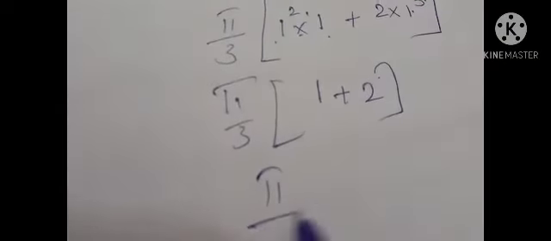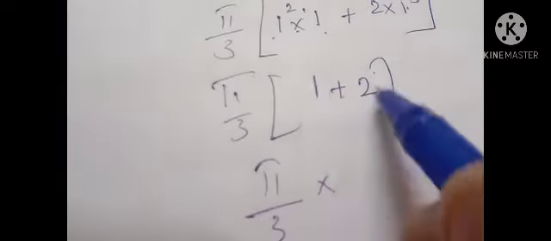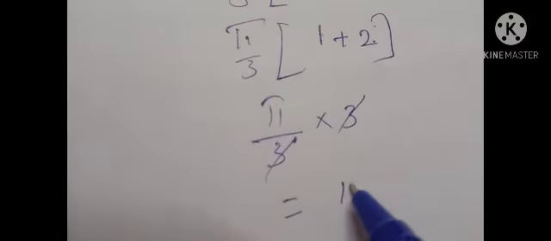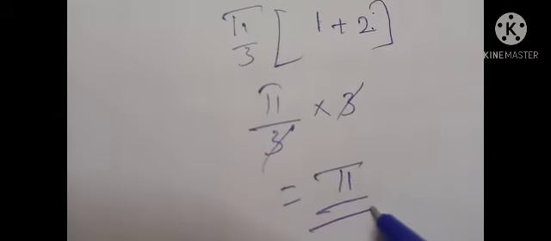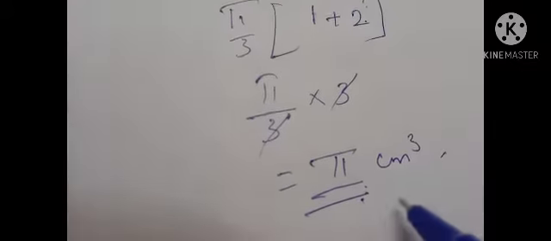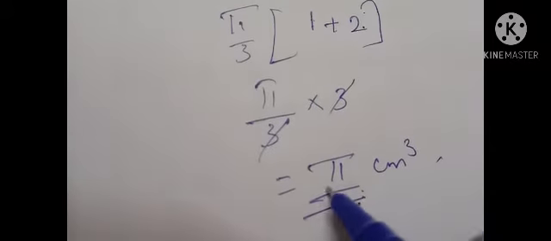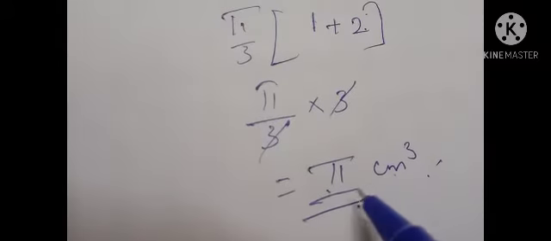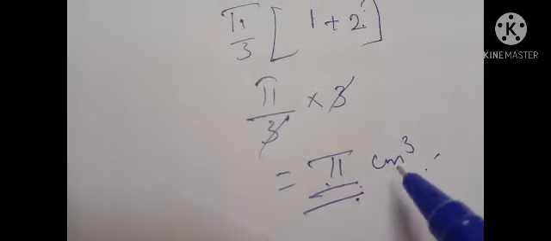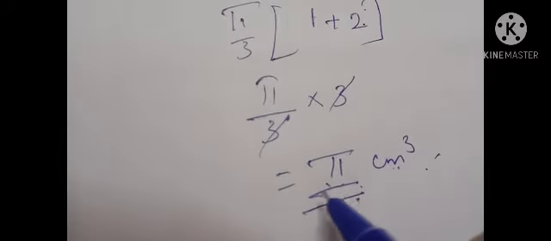So pi by 3 into 2 plus 1, which is 3. Then we can cancel these 3. Then what will be the answer? Pi. So the answer is pi centimeter cube. The volume of the solid is pi centimeter cube. Here in the question it is given to find the volume of the solid in terms of pi, so no need to give the value of pi.